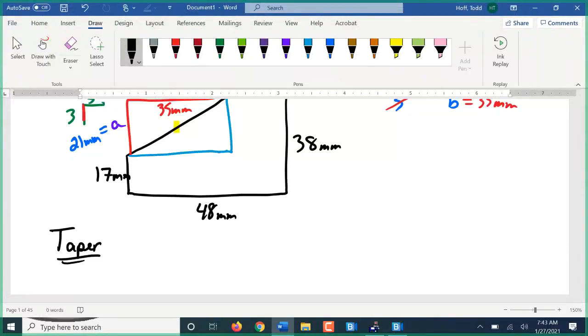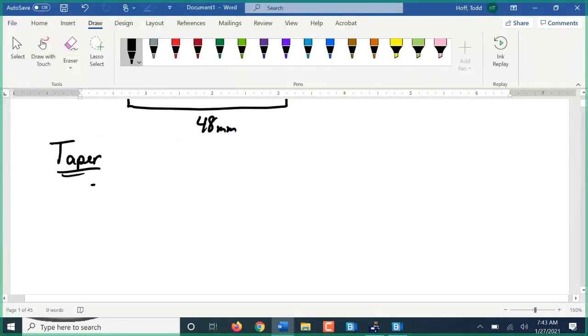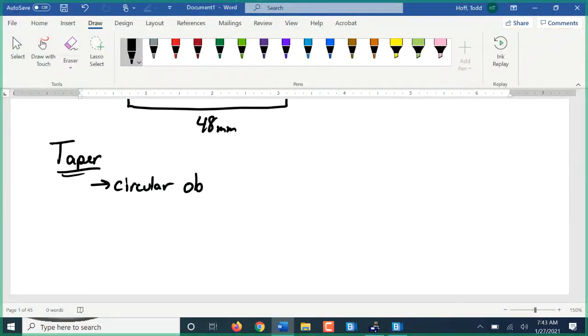Similar to an aspect ratio or a slope is a taper. Tapers apply to circular objects with changing diameter.